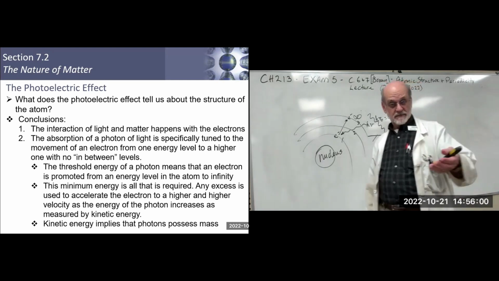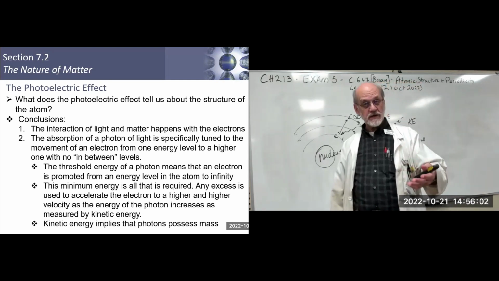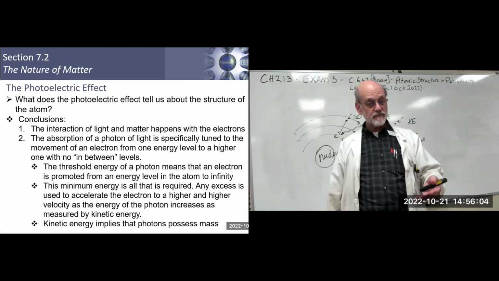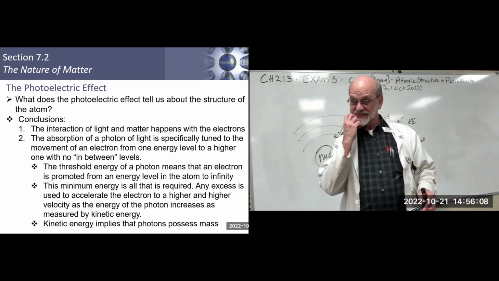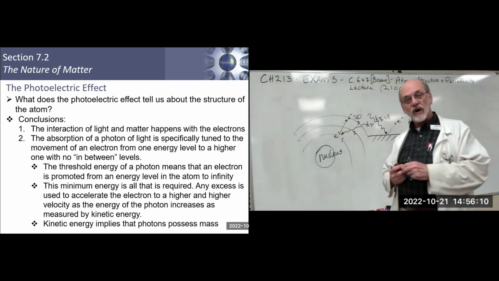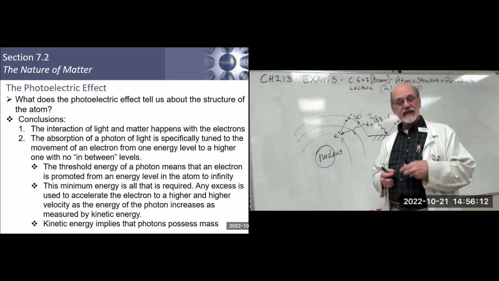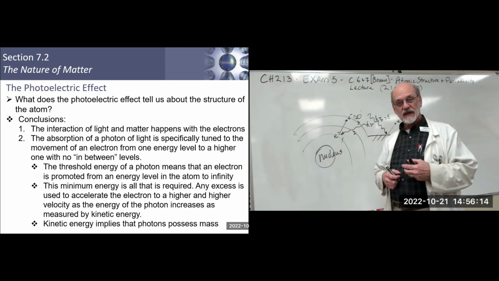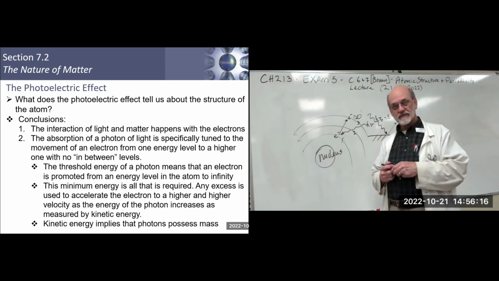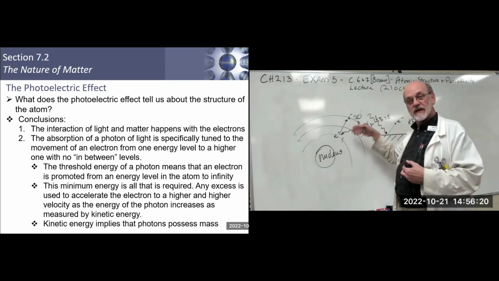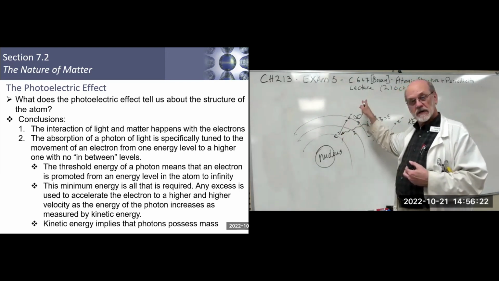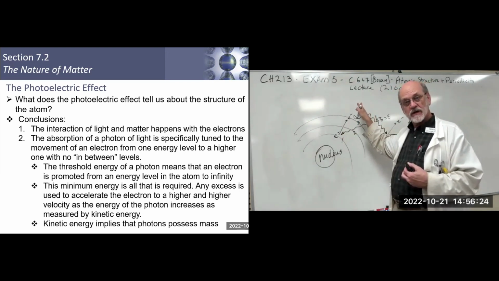And by the way, kinetic energy implies that the photon has mass. Right? If the photon can impart speed of any kind to an electron, then it's got to convert that energy that it has into kinetic energy for the electron.